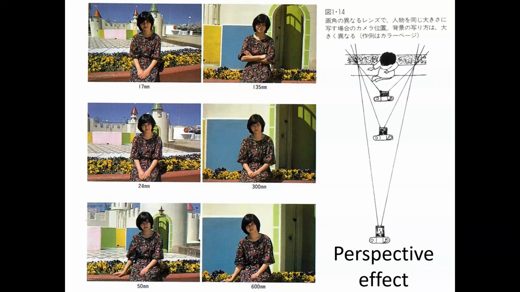And 50 millimeter is just the human eye, so it looks very natural. But with 135 or 300 millimeter, the cameraman moves farther away from the target. Then that means the background is almost just zoomed, and you get very limited information.